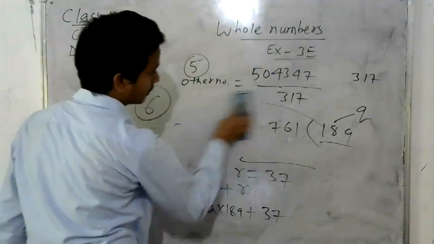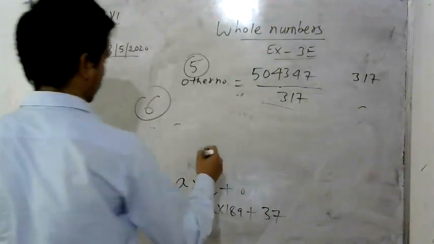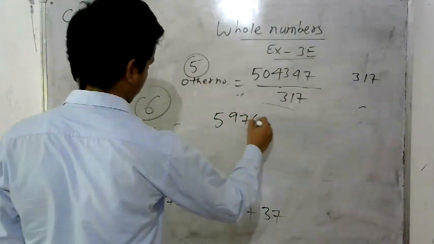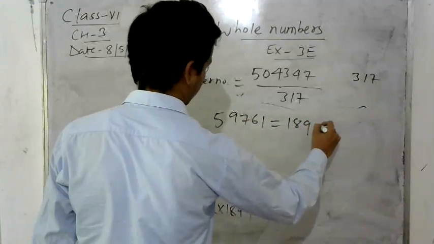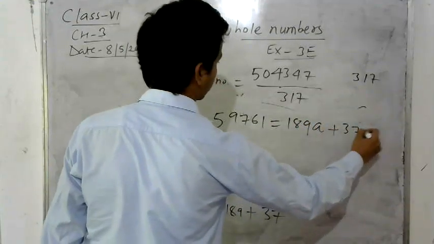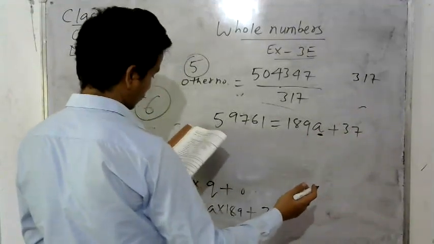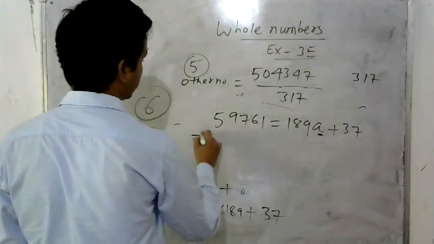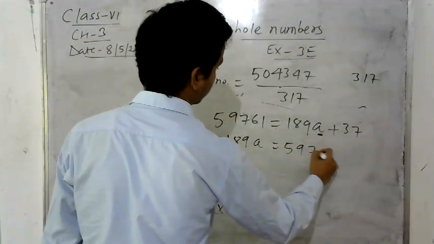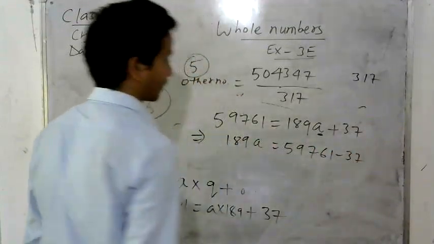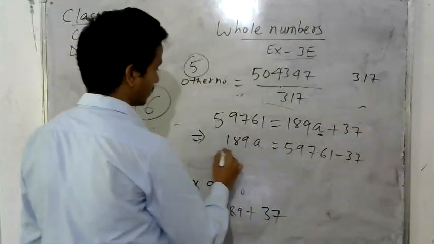So I am erasing it. 59761 equals 189 into A plus 37. Here the divisor is A, and 37 is the remainder, so subtract it. 189A equals 59761 minus 37. The plus 37 will go to that side and become minus 37.